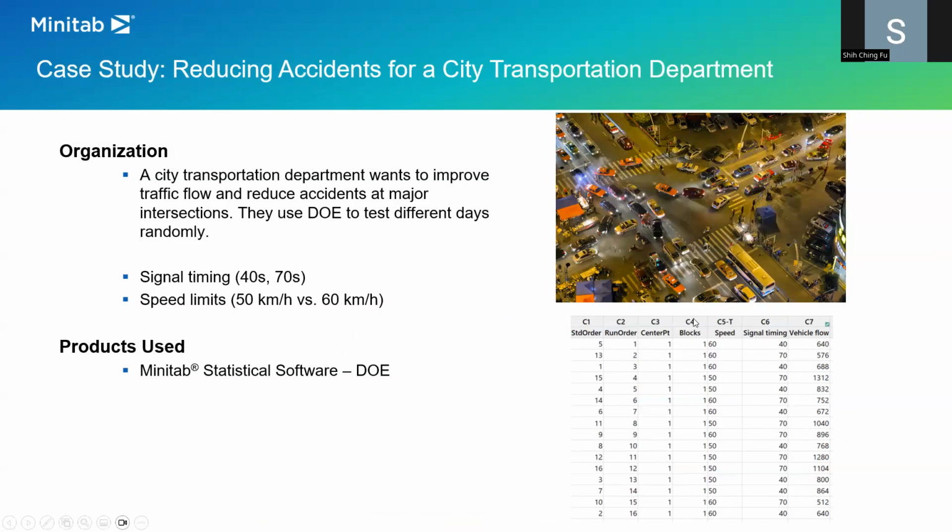Suppose we think about one intersection. We go there at a certain time, and we go there multiple times. That's running your experiment. We record the traffic flow, the vehicle flow, how many cars pass by in a certain time.